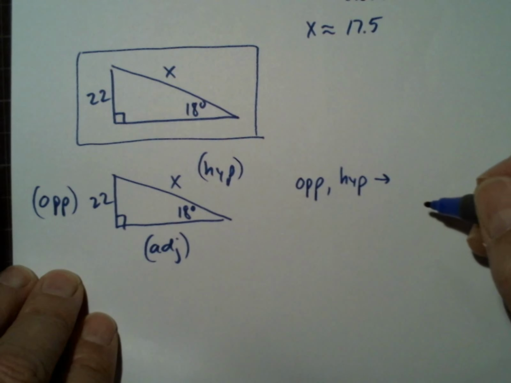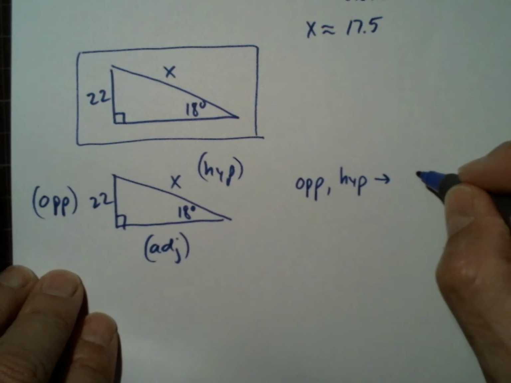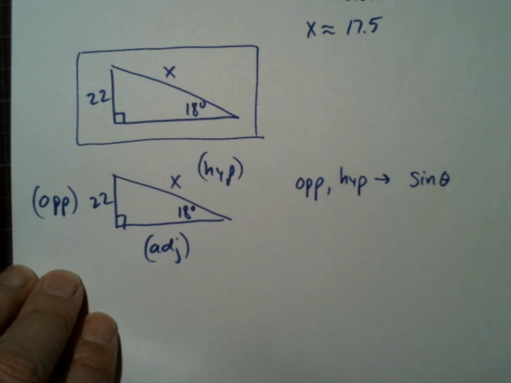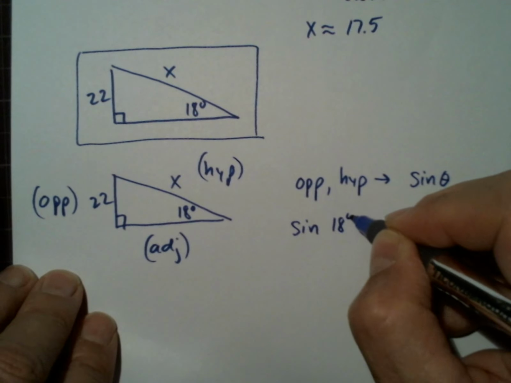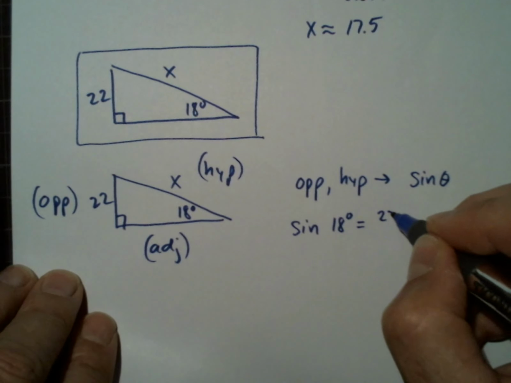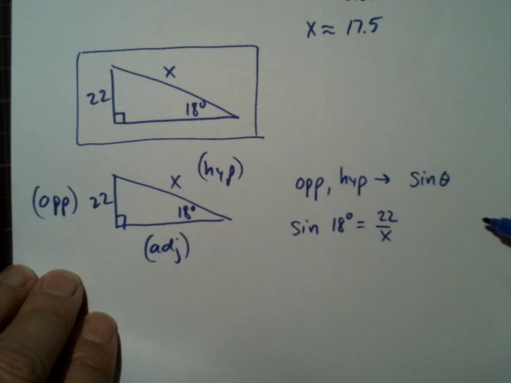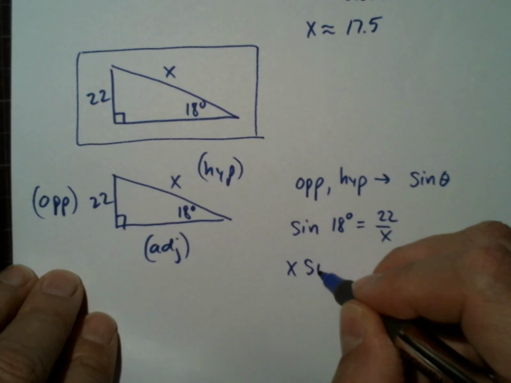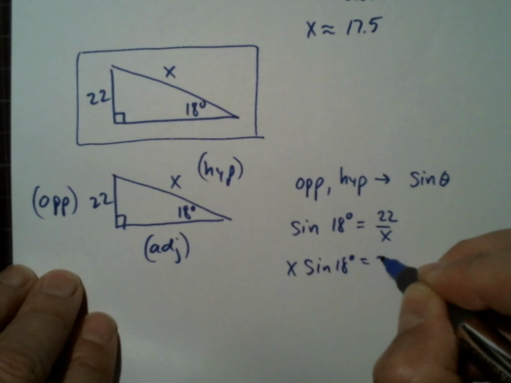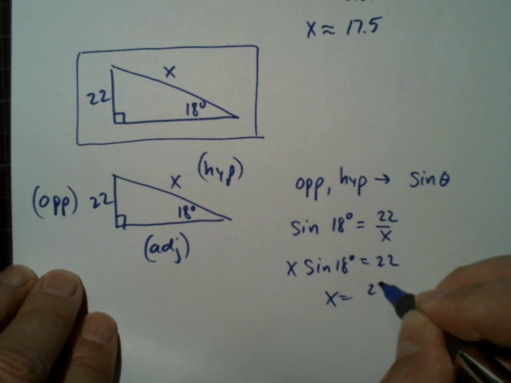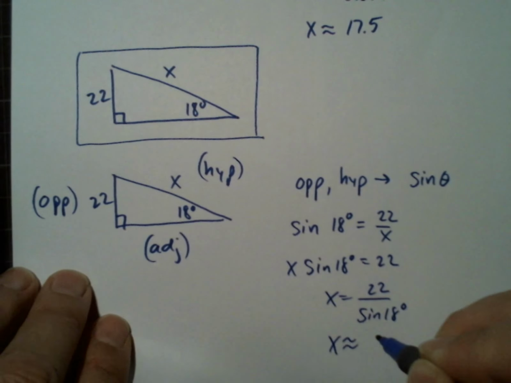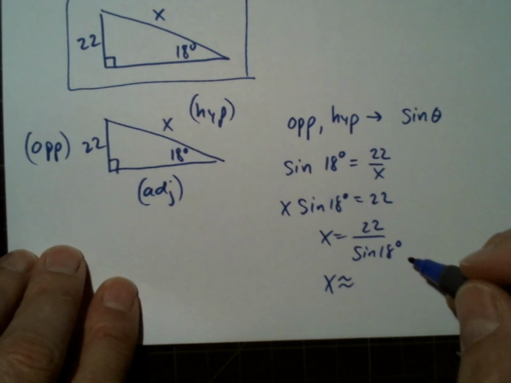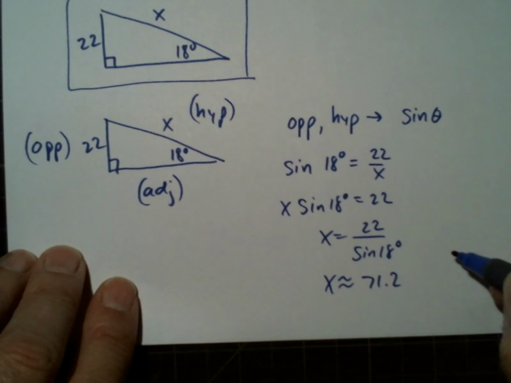Opposite and hypotenuse, we must be using sine. Sine of 18 is 22 over x. X sine 18 is 22. And we get 71.2 approximately.